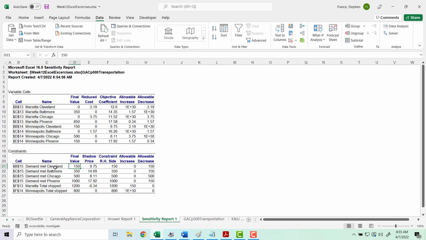So this would basically say, for each additional demand, so say we wanted to increase demand in Cleveland, this would increase our objective by this much, demand in Baltimore by this much, demand in Chicago by this much, etc., etc.